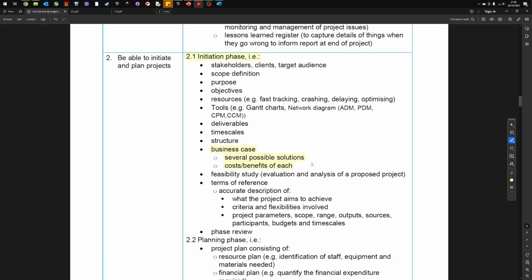Cost benefits. So benefits are the benefits of the business, the good things. The costs don't have to be financial. You can include financial costs, but costs can also be related to issues such as staffing. So let's say, for example, you were selling a product and you sell roughly 100 of them a month, and your aim is to set up a website and you start selling more products, 1,000 a month.